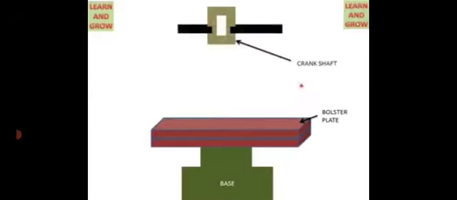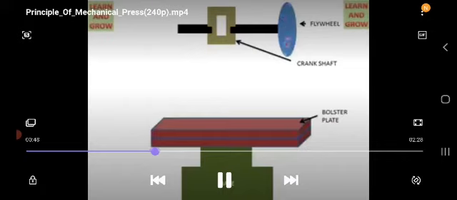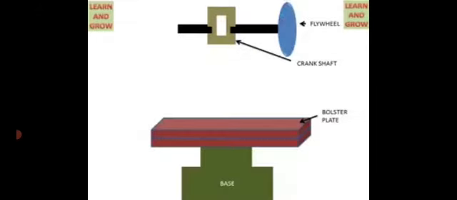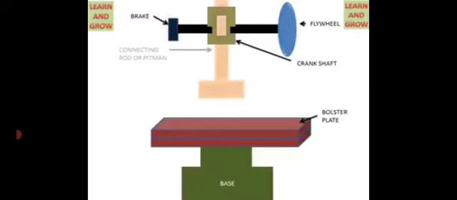This is the crankshaft which will rotate. There is a flywheel connected to the rod of the crankshaft for maintaining fluctuation of load. There is a brake for providing the braking system to the process.